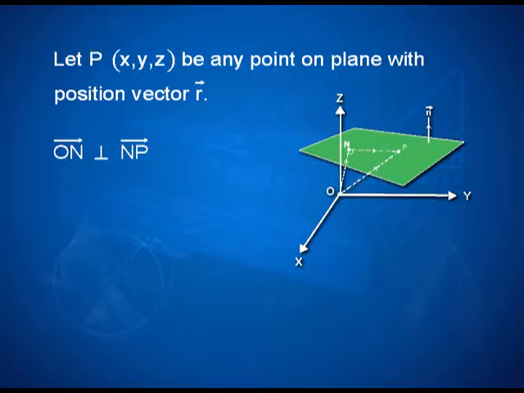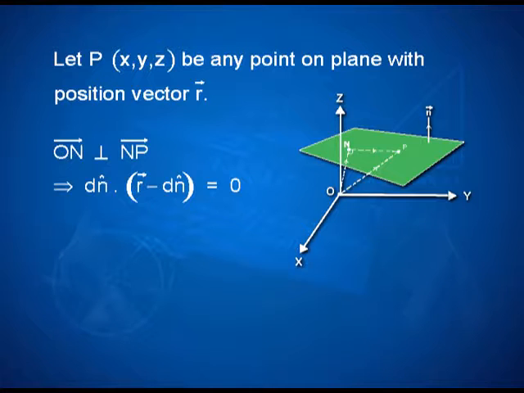If I take P to be any point on this plane with position vector r, then I know that the vector ON, which is perpendicular to the plane, will also be perpendicular to the vector NP that is contained in the plane. And therefore, the dot product condition, that is the dot product of these two vectors equal to 0, must be satisfied.